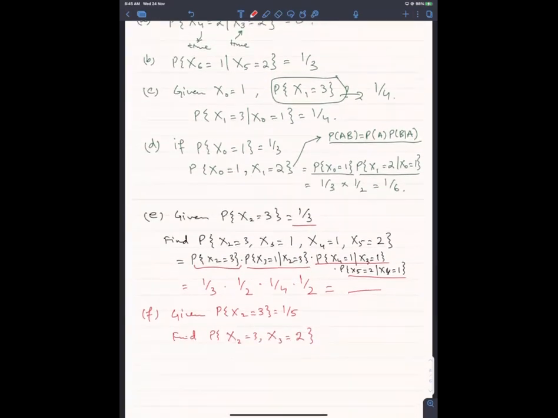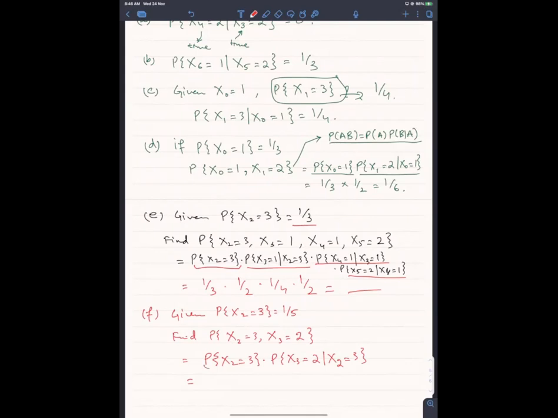Who will answer this? So this is the probability x2 is equal to 3 into the probability x3 is equal to 2 given x2 is equal to 3. What is the answer here?